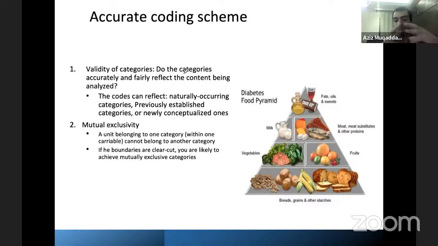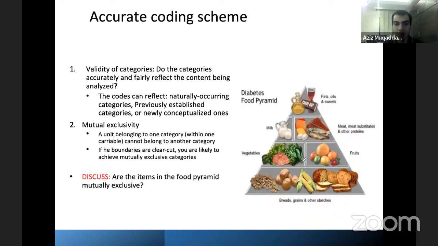Your categories have to be very distinguishable, with clear-cut boundaries between them. If not, your analysis is meaningless because the proportions that you report are not actually true, since I can change where each unit belongs because it can fit more than one category.